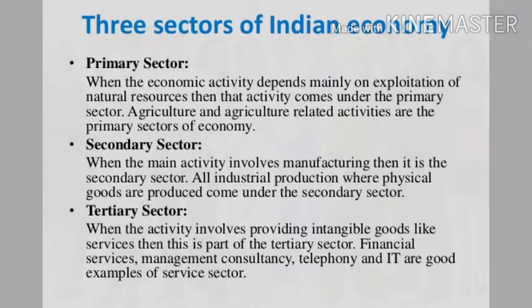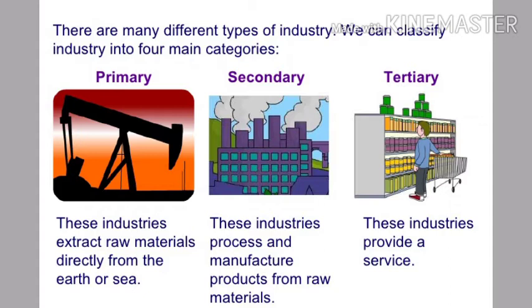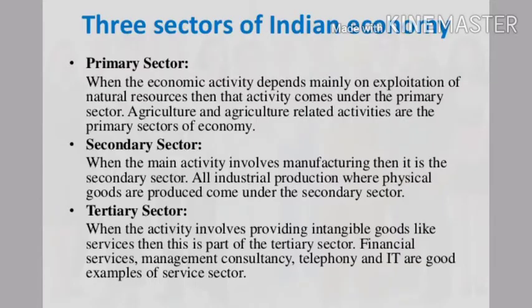For more examples, first we can see the primary industry, which involves extracting resources from the sea, land and our environment, like forestry, farming, fishing, coal mining, oil drilling, hunting and agriculture. These different types of activities are known as the primary industries.